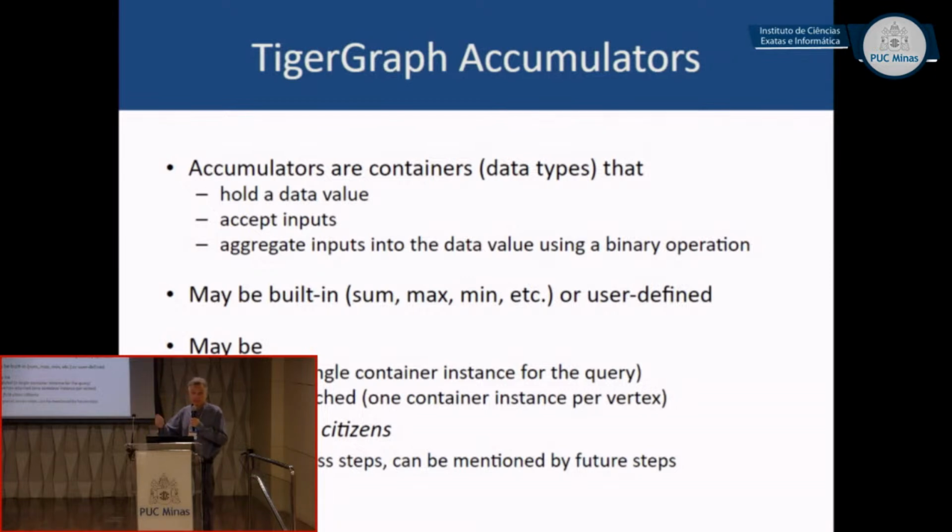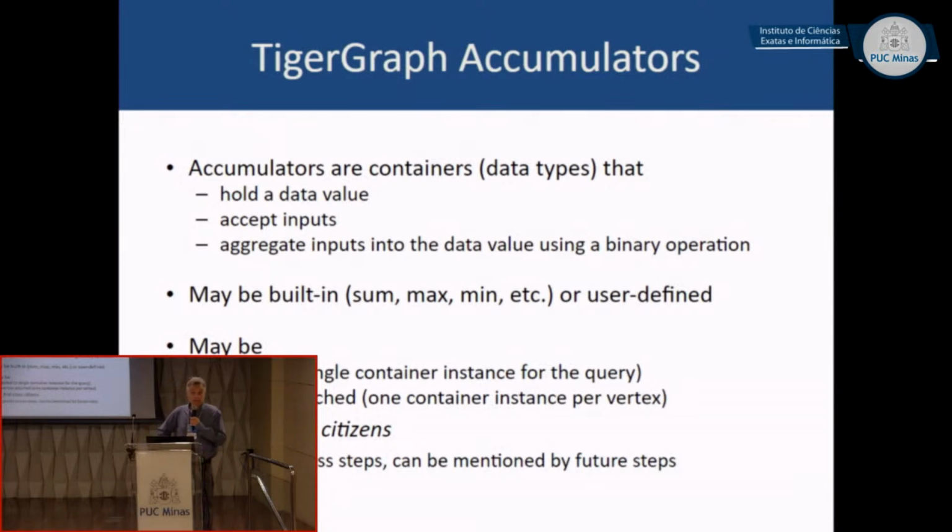For example, if I'm building a big sum of all the inputs, then I just use the binary sum to take an input at a time and add it to the value inside. There are quite a few such accumulators that come built in, such as sum, max, min, etc. But they can also be user-defined. You can write whatever you like.